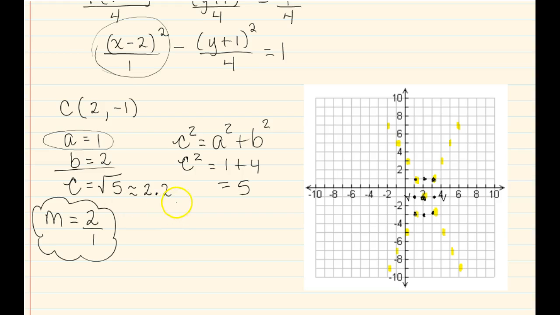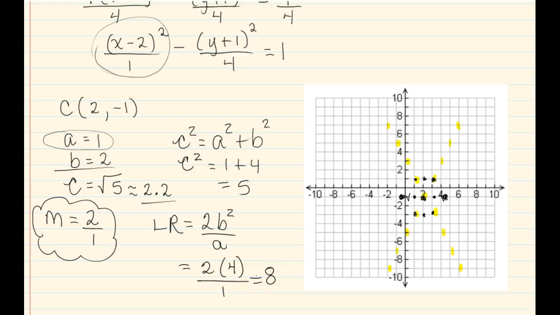Let's go find our foci. Remember, our foci are 2.2 away in the same direction as our vertices. So I'm going to go 1, 2.2, 1, 2 and a little bit. Those are our foci. From our foci, we're going to find our latus rectum, which is 2b squared over a. So 2b squared is 8, a is 1, so we get 8.